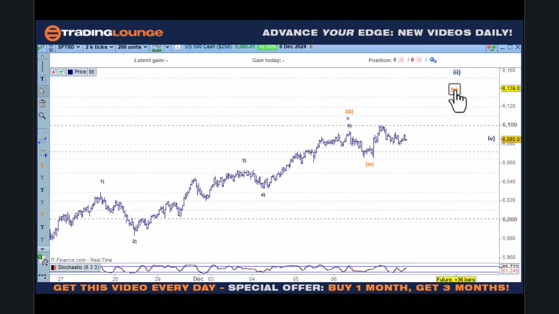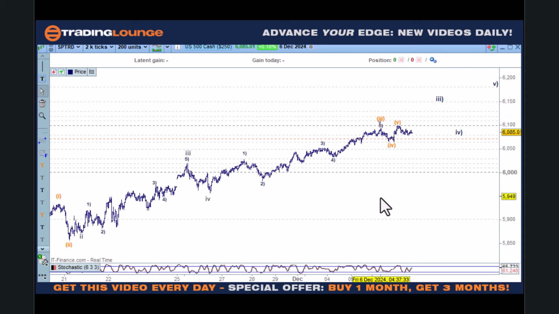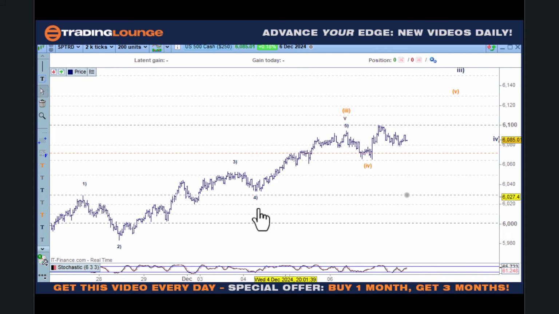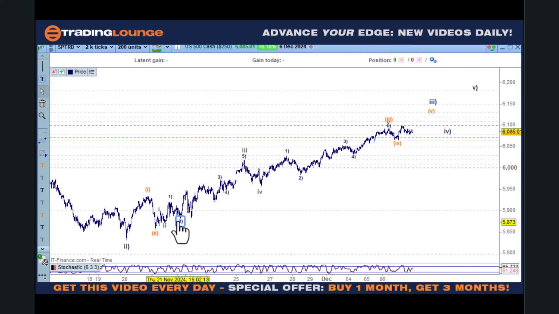Considering all aspects of this, we could put wave 5 here, but it is a little bit short for that, so it's probably not the case, and that means we could look for this as wave 1 here and wave 2 here.